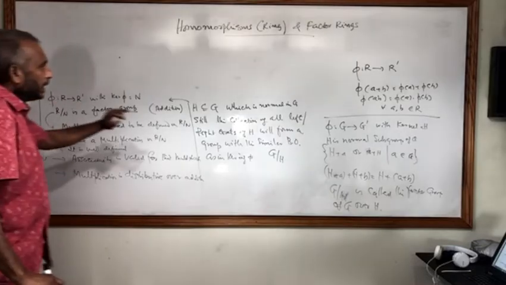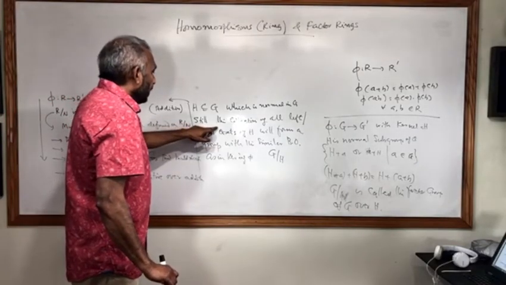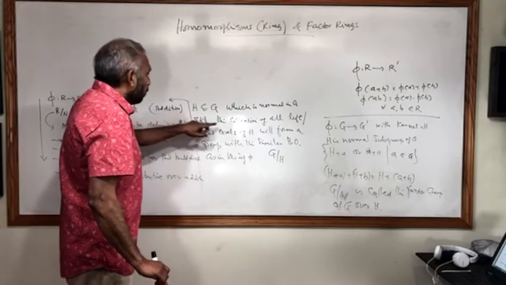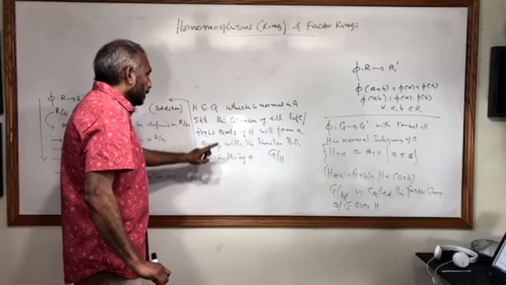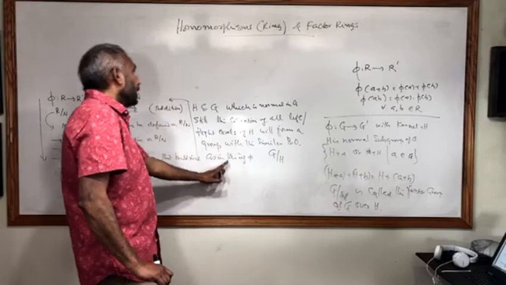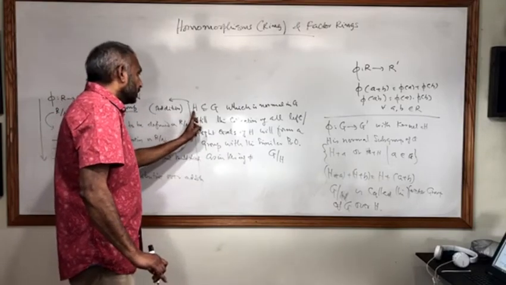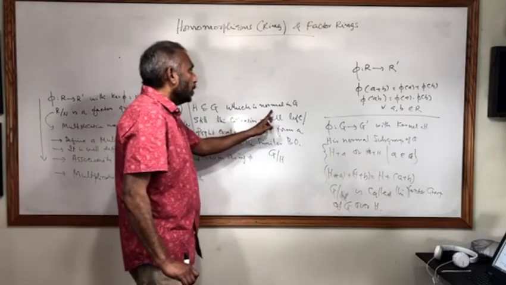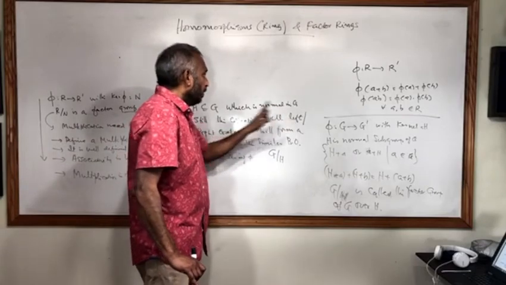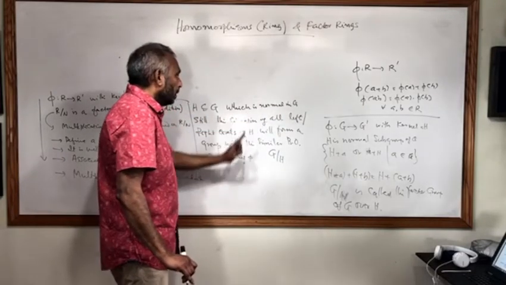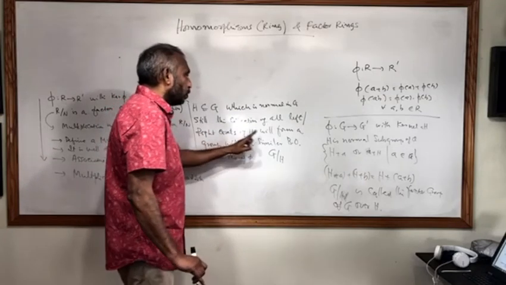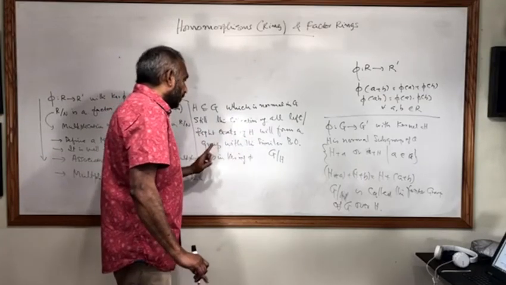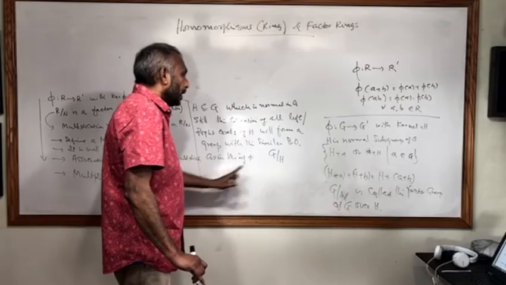Then see here, if you want to build a factor group from any subgroup, that subgroup needs to be a normal subgroup. If H is not normal, the collection of left cosets and the collection of right cosets won't match, and we cannot define an addition here.